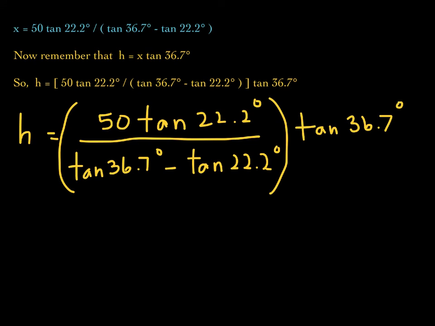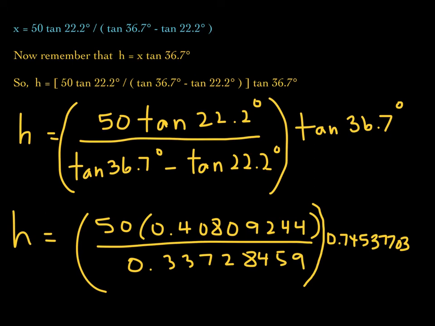Now be very careful to plug all this into your calculator correctly using grouping symbols. And remember to never round your work. Don't round anything until the very end. I'm trying to do this step by step here. I punched in tangent of 22.2 degrees and I got this number here. I punched in tangent of 36.7 degrees minus tangent of 22.2 degrees and I got this number here, okay?